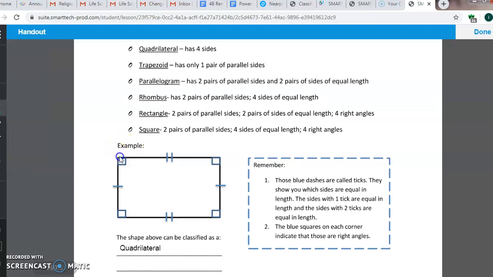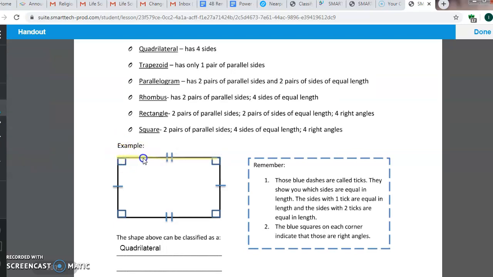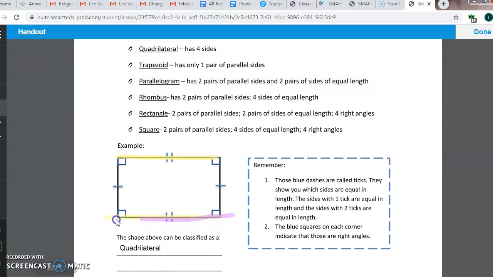I'm noticing that the top side and the bottom side, those 2 sides are parallel, because if these lines were to continue running on and on forever to the left and the right, they would never touch each other.